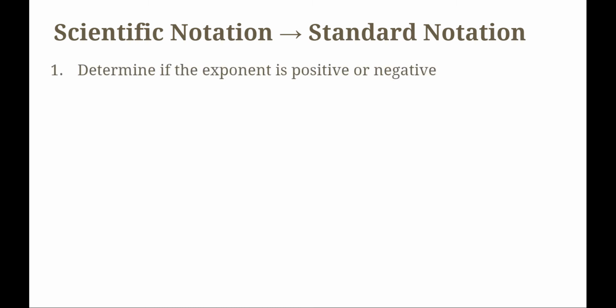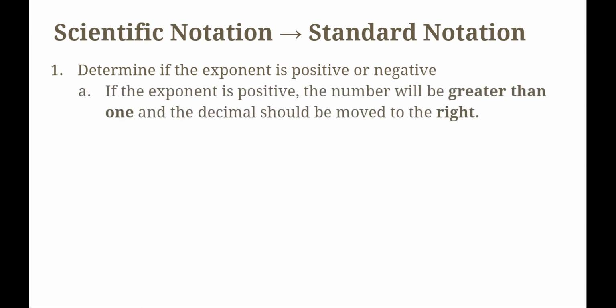The next thing to do is to go the opposite direction. We want to go from scientific notation into just regular standard notation, regular numbers. For the steps of this one, first we want to determine if the exponent is positive or negative. If it's positive, then we move our decimal place that many spots to the right.